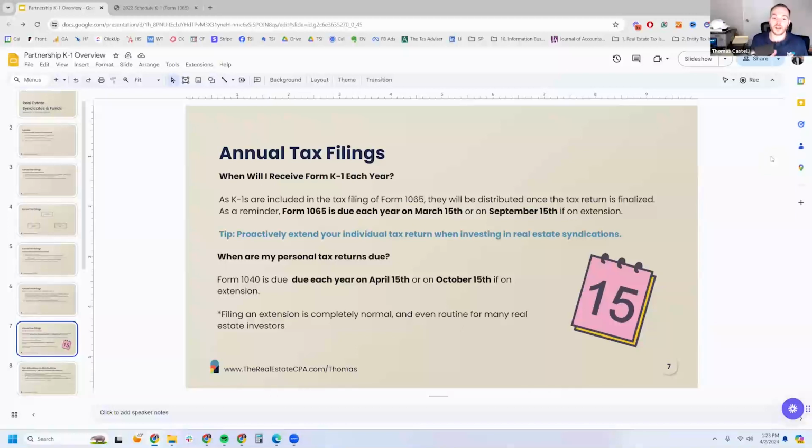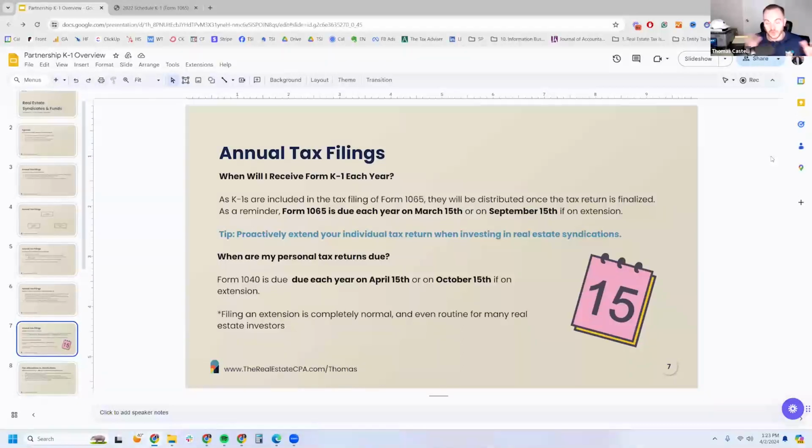Now, a lot of times syndicates and funds will send out tax estimates to their limited partners, letting them know here's the estimated tax impact. Then you can go to your CPA, your tax preparer, and let them know, here's the estimated income, losses, deductions, et cetera, from my partnership. They can put it into projection software and give you a projection.